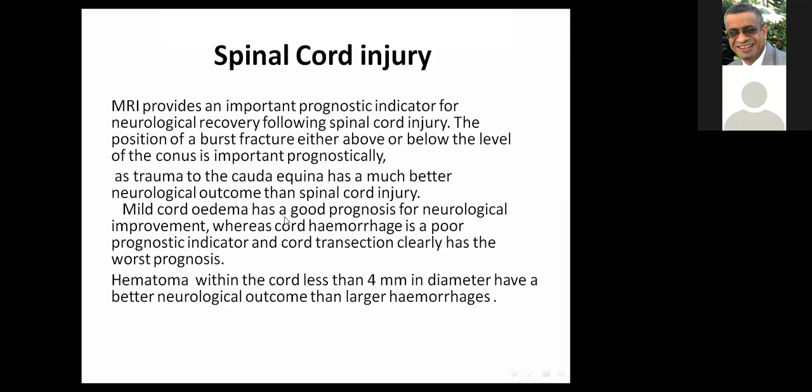Mild cord edema has good prognosis for neurological improvement, whereas cord hemorrhage is a poor prognostic indicator, and cord transection has worse prognosis. Hematoma within the cord less than 4 millimeters in diameter has better neurological outcome than larger hemorrhage.